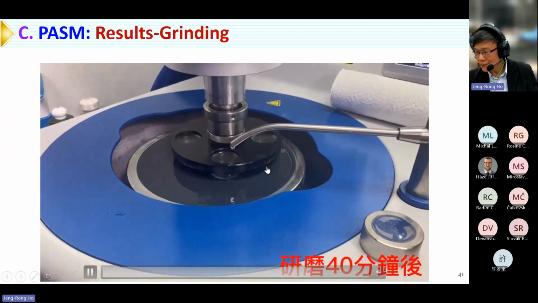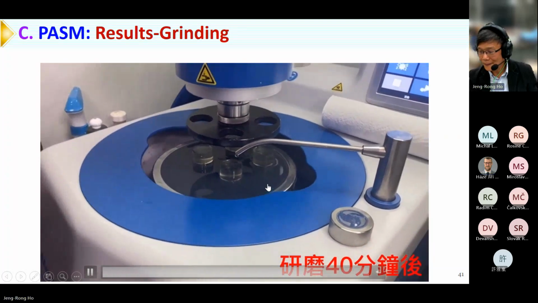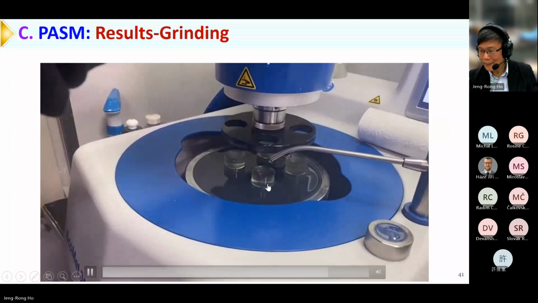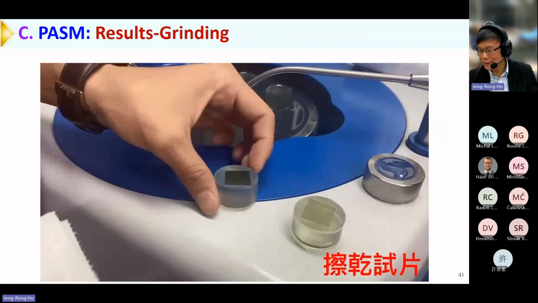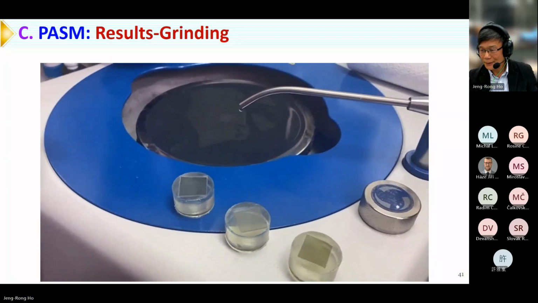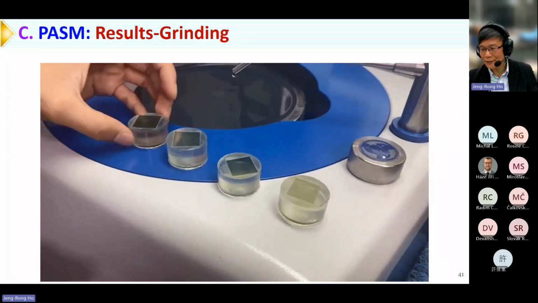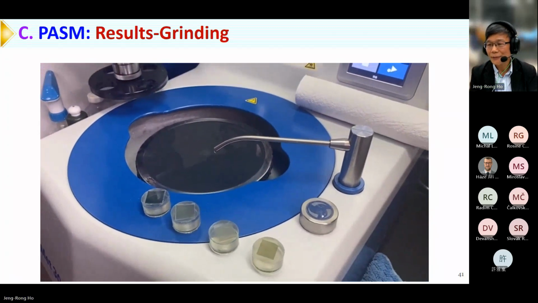After 14 minutes of grinding, we dry the specimen, then conduct the surface roughness and thickness measurement.